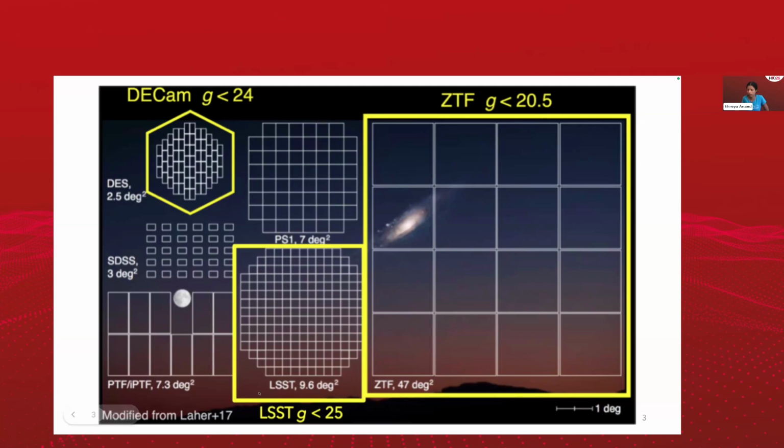LSST goes much deeper, g of 25 mag roughly, but has a bit of a smaller field of view. And then DECam has a smaller field of view than that, 3 square degrees, but reaches a depth of 24th mag. And I'll mention DECam in the context of the recent follow-ups that we performed with LSST and the need to do cross-survey image subtraction.